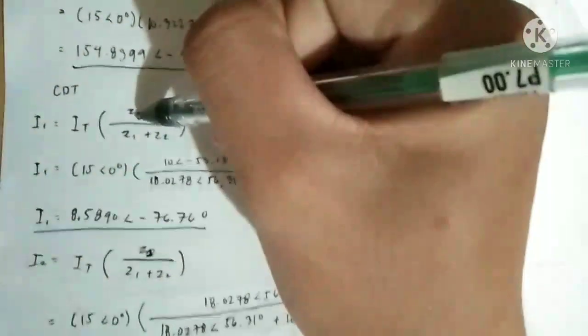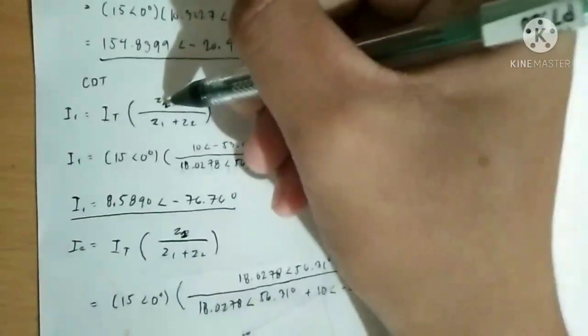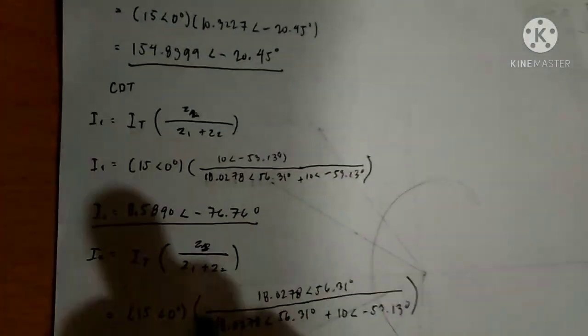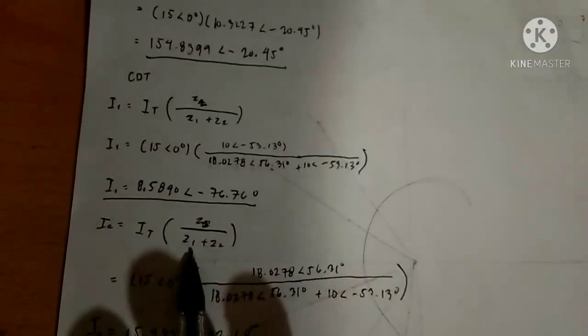Oh, I was wrong here. You have to use the Z2 here, but I still used the Z2. I just wrote the wrong number there. For the I2, you have to use the I total times Z1 over Z1 plus Z2.